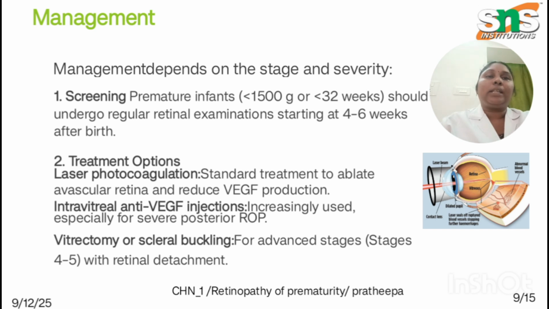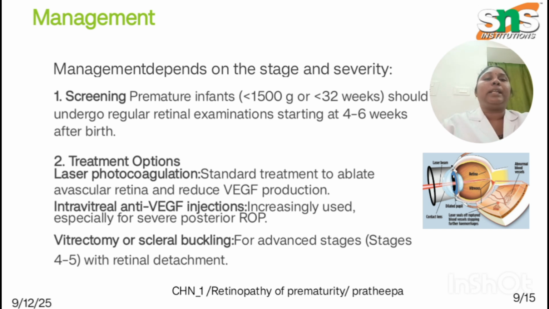So what is the management? Based on the stages and severity, we can give treatment. First, screening is very important. Premature infants less than 1500 grams or less than 32 weeks have to undergo regular retinal examination, starting at 4 to 6 weeks after birth. Laser photocoagulation is given to reduce VEGF production, and intravitreal anti-VEGF injection is administered if severe ROP is present.